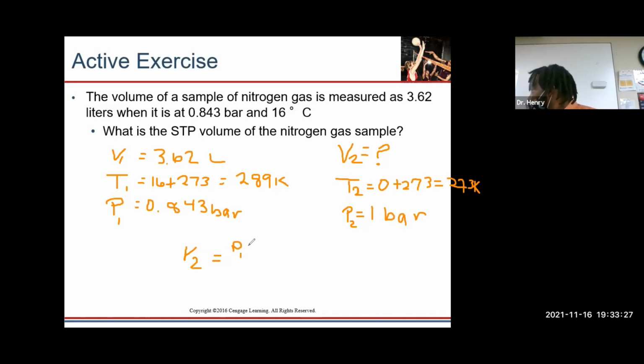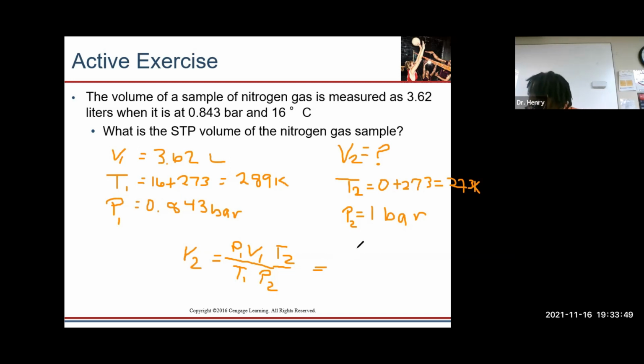P1 V1 over T1, and then times T2 divided by P2. Okay.